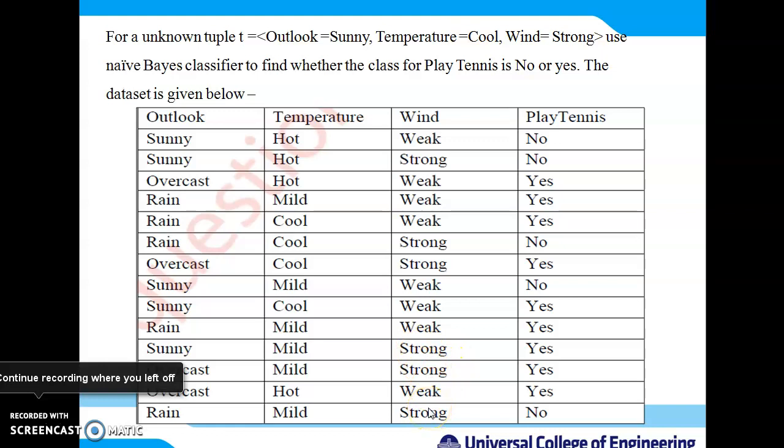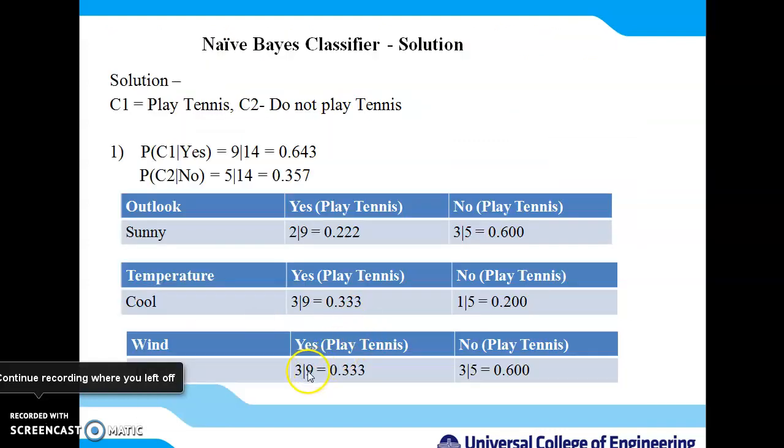There are a total of 6 tuples for the attribute strong, out of which we see how many are no and how many are yes. 3 belong to the class yes and 3 belong to the class no. So just find the probability: 3 by 9, that is 0.333, and 3 by 5, that is 0.600.